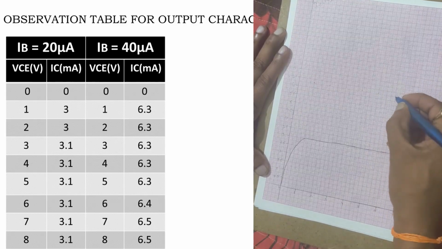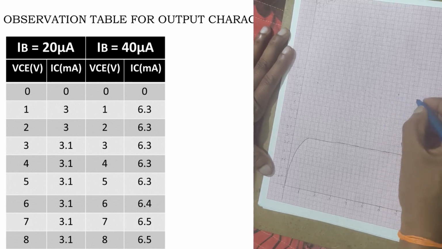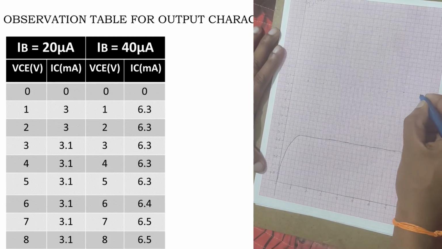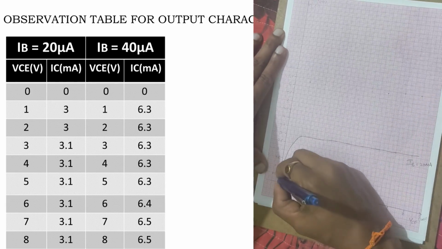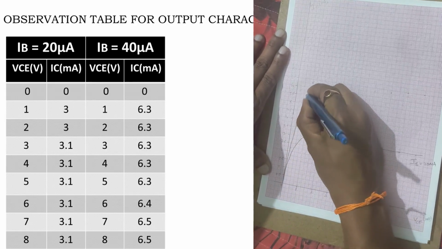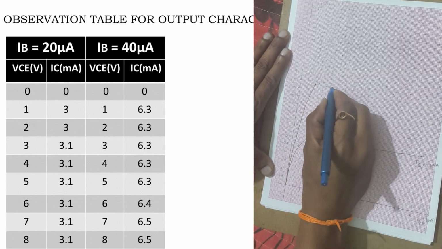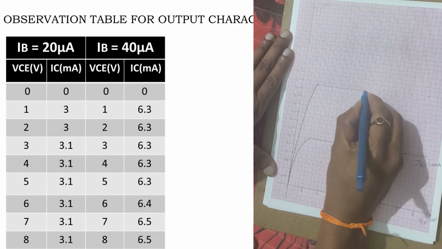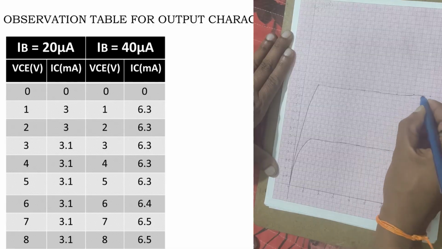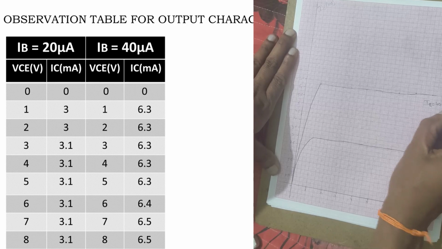For 6 the value of current is 6.4, for 7 it is 6.5, for 8 it is 6.5. Now by connecting all these points, this is for IB equals 40 microamperes.